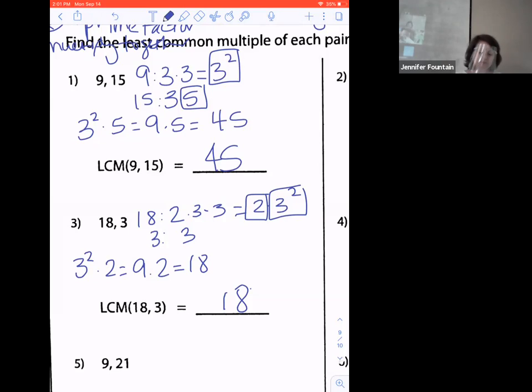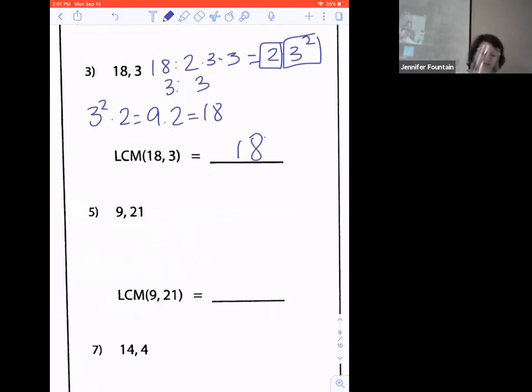Okay? Let's look at 9 and 21. We know 9 is 3 times 3, so that's going to be 3 squared. 21 is going to be 3 times 7, so I have factors of 3 and 7. Highest exponential value of 3 is 3 squared.